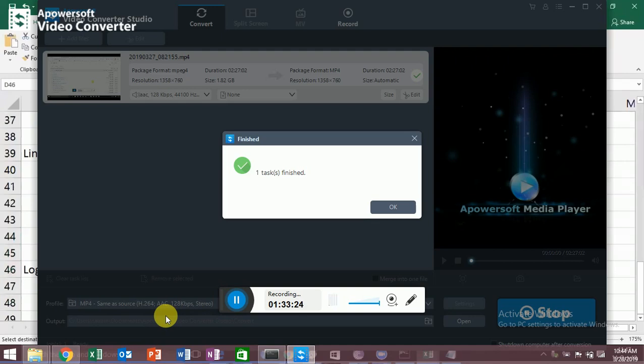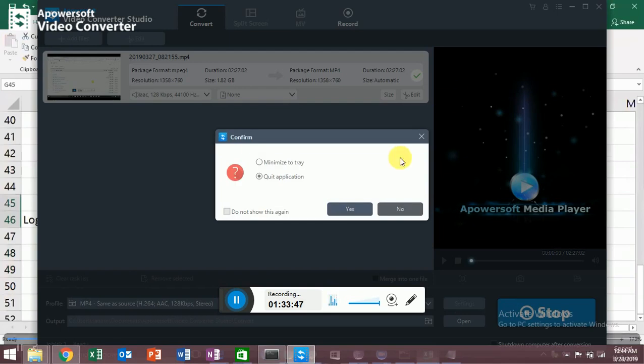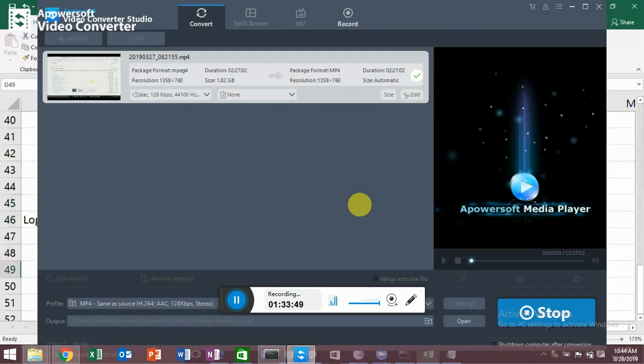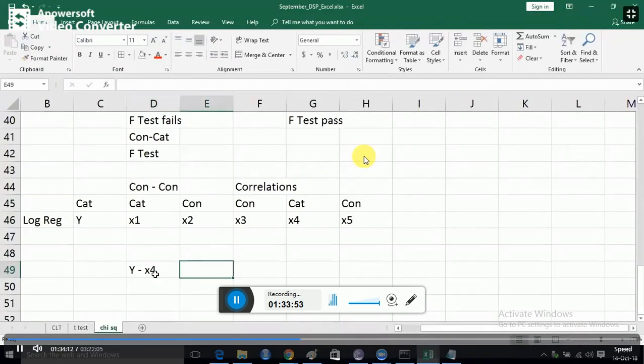The only difference in fact is that here y is categorical. Now you have to prove if this categorical depends on this categorical or not. How do you do it? Chi-square, fantastic. Y versus x4, both are categorical, right? So we'll go for chi-square.